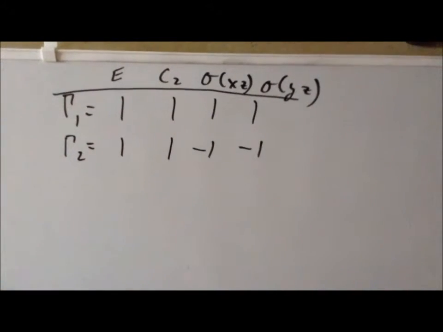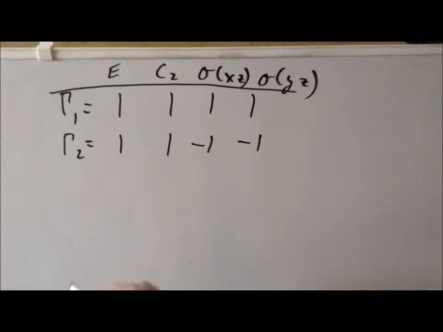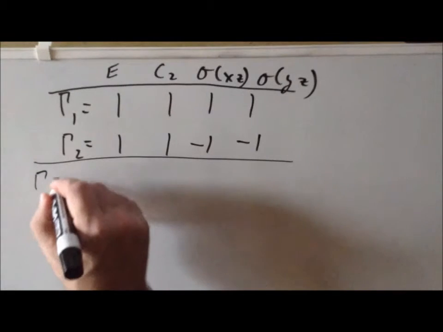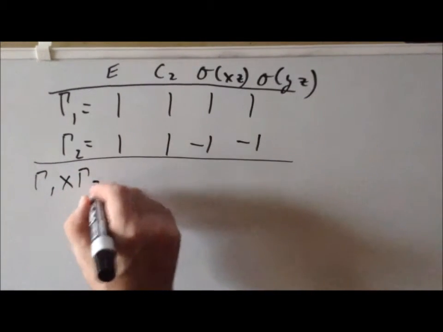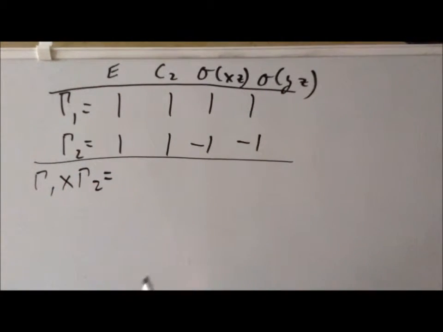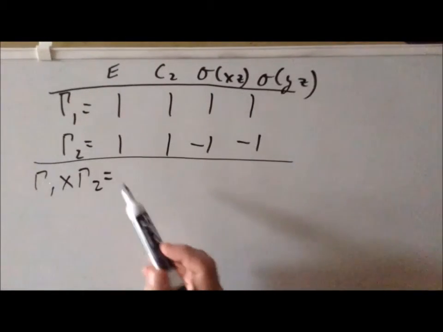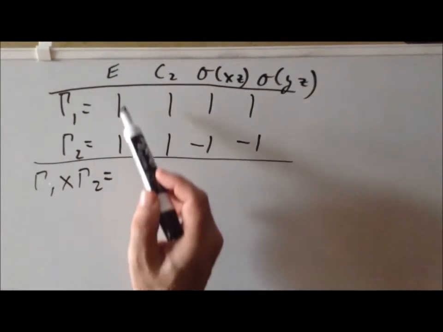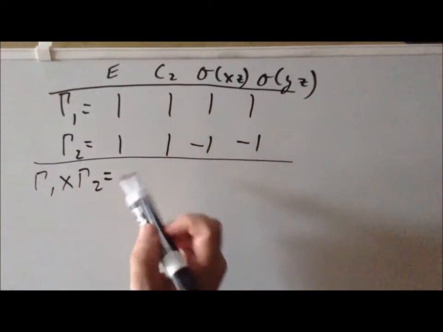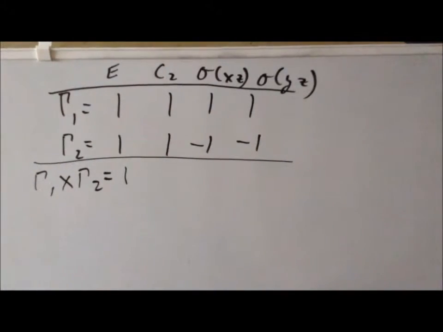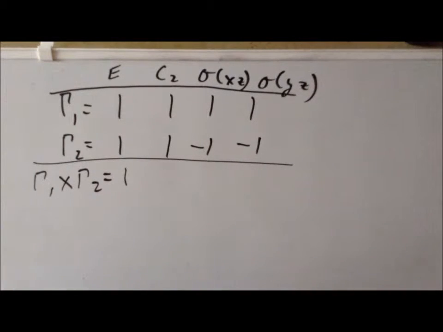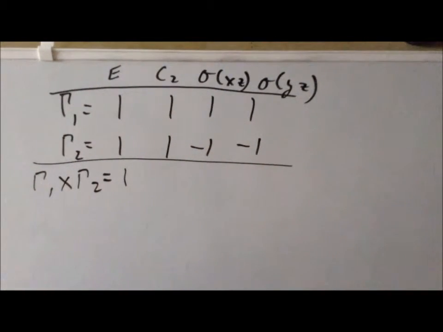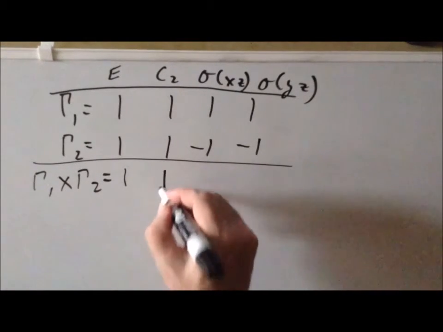If I want to do the cross product, so I want gamma 1 cross gamma 2, I can do that step by step. I look at the individual characters for a particular symmetry operation. Here 1 times 1 under E is 1, so I just bring down positive 1. For C2, 1 and 1 are the characters, so I multiply those characters, just ordinary numerical multiplication.